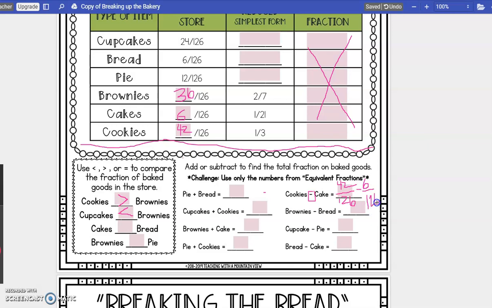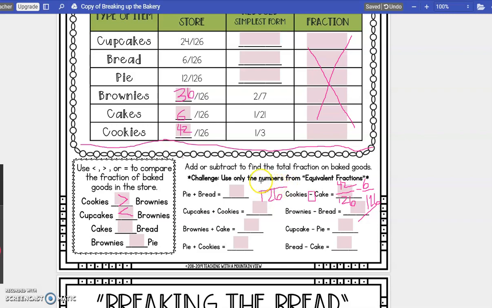So your denominator will continue to be 126, but you have to subtract your numerator, 42 minus 6, to get your answer. So go ahead and pause the video right now and figure out what your answer would be. 42 minus 6. Go ahead and pause.